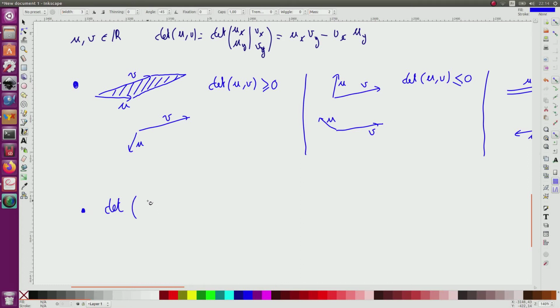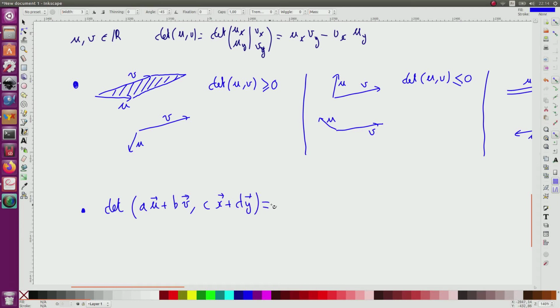So if I have here, let's say, a linear combination aU plus bV, where a and b are real, and U and V are vectors, and here I will have cX plus dY, also X and Y are vectors.